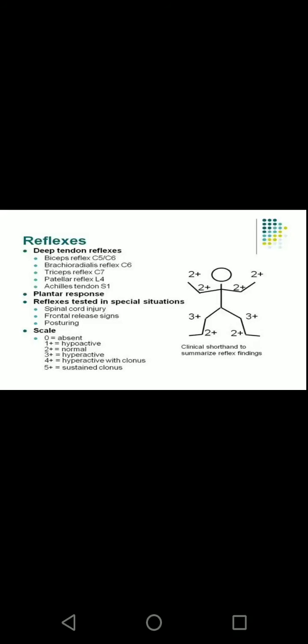There are some reflexes. A reflex is an automatic response of the body to a stimulus. Reflexes are tested by using a percussion hammer and a pin or cotton wool.